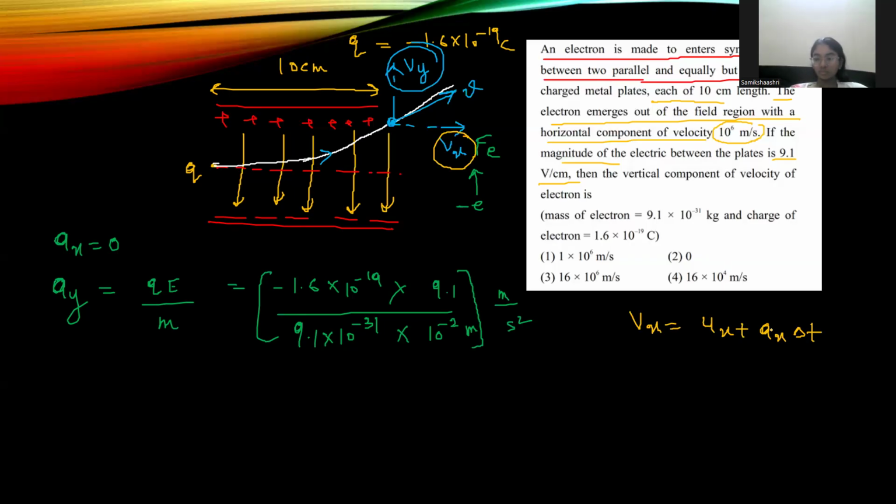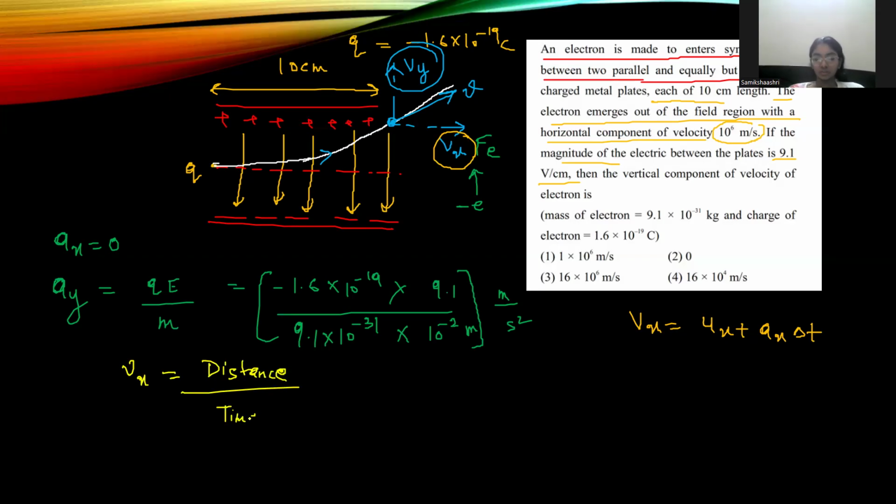Understood? So the horizontal velocity will not change. I just want to know how much time it takes, since the velocity remains constant. No acceleration in the x direction means the velocity is constant in the x direction. If velocity is constant, then we can apply this formula: velocity is equal to distance by time directly.